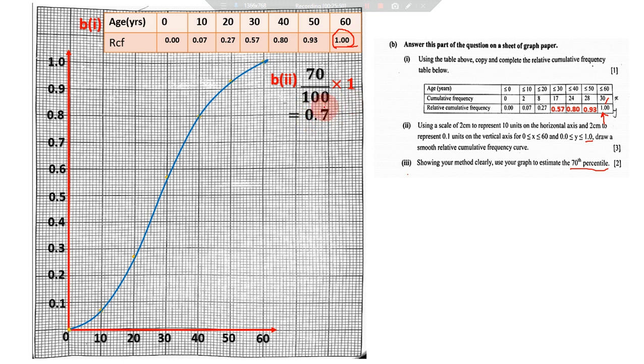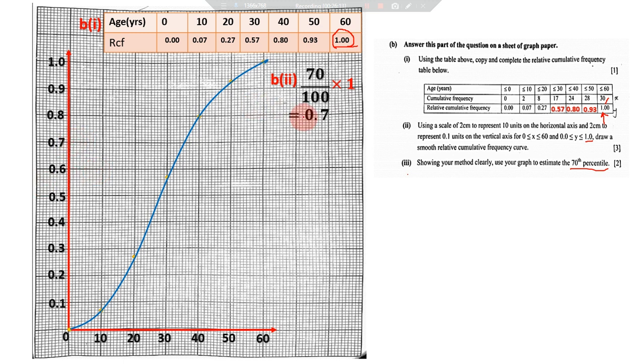This is not the final answer. Most of the students end here. Okay, you are losing marks. This is not the final answer. Remember, we have used the y values. Okay, but what we want is the value to be in the x-axis. So this 0.7 will help us to find the value now. This is what we're going to do. We'll come to the curve.